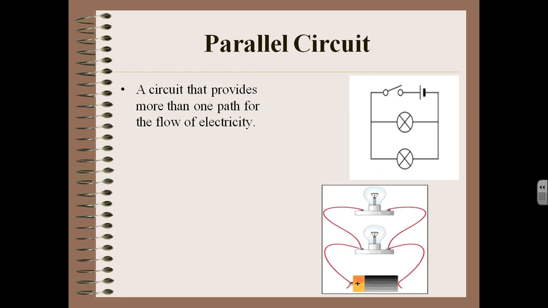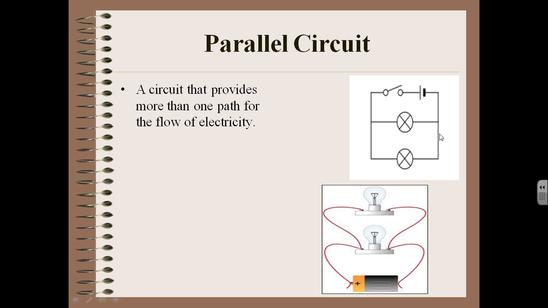Let's talk about the parallel circuit. Now, the series circuit has only one path. The parallel circuit, however, is going to provide more than one path for the flow of electricity. So once again, if you look here, now there's more than one way that this current can travel around the circuit. Of course, like I said, it's going to start at the battery, which would be here. This is your symbol for the battery, and it's going to flow around.